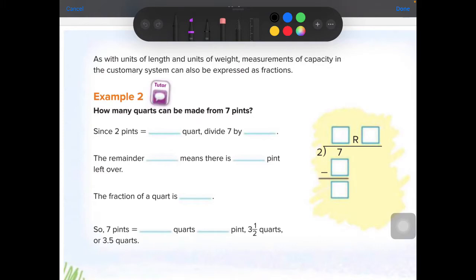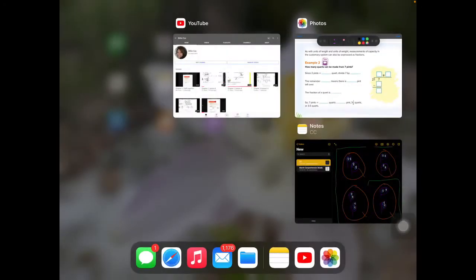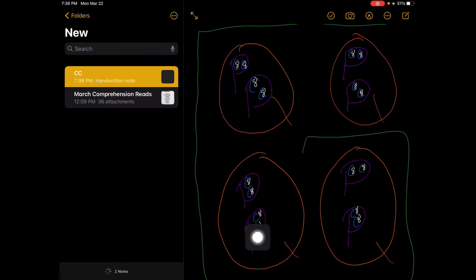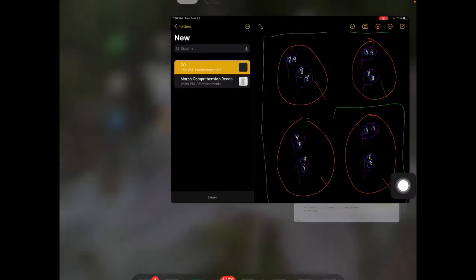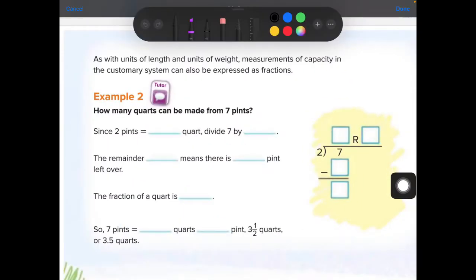As with units of length and units of weight, measurement of capacity in the customary system can be expressed in fractions, which means, yes, we can have remainders. 2 pints equal 1 quart.